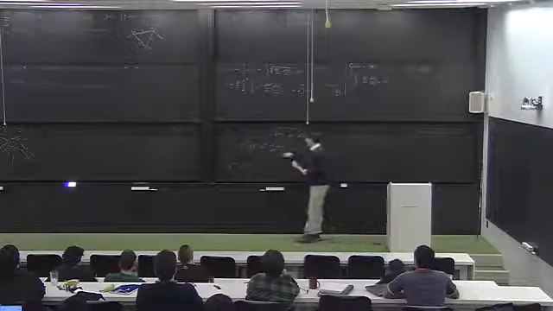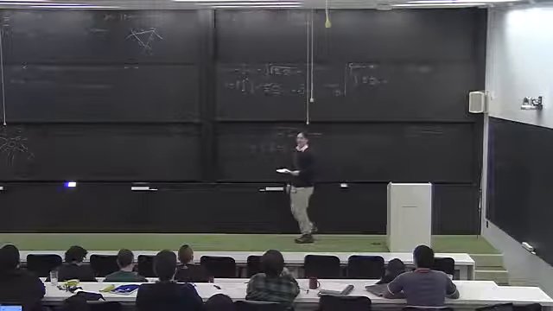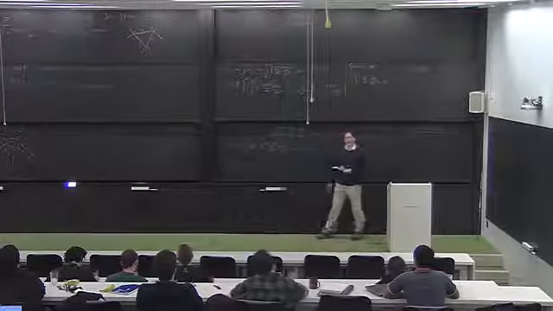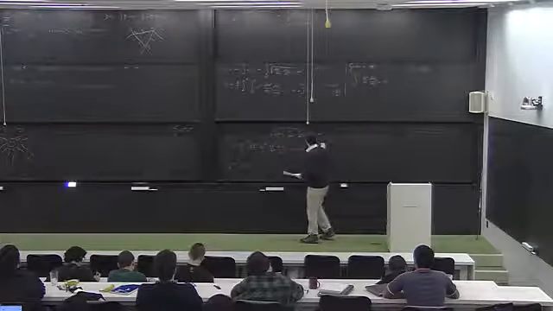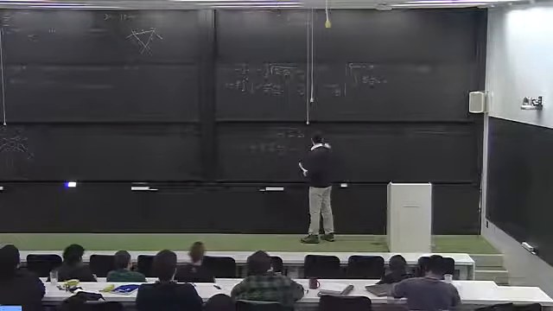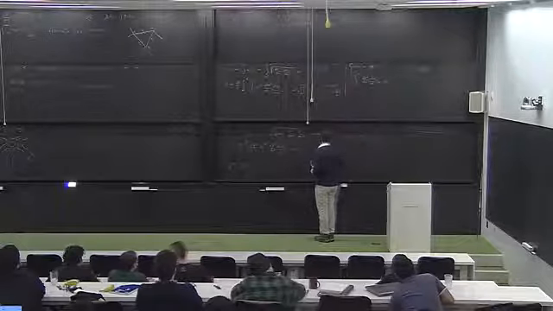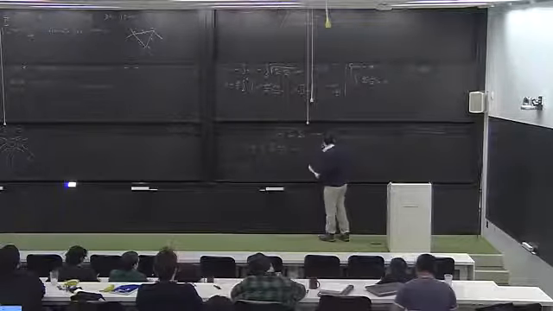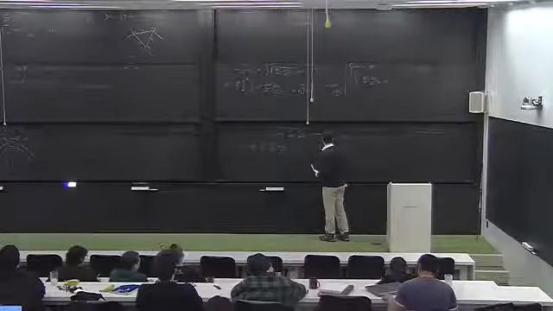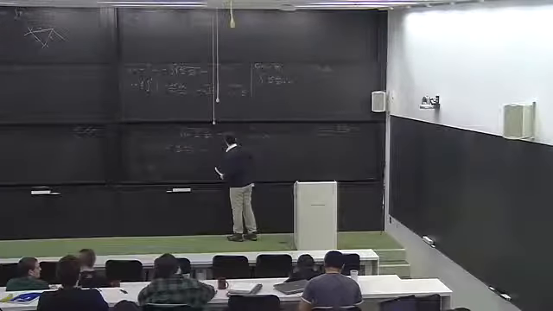The point is, this action still has your reparameterization invariance. The metric is transforming the usual way the metric should transform, essentially in such a way that the length element remains constant.